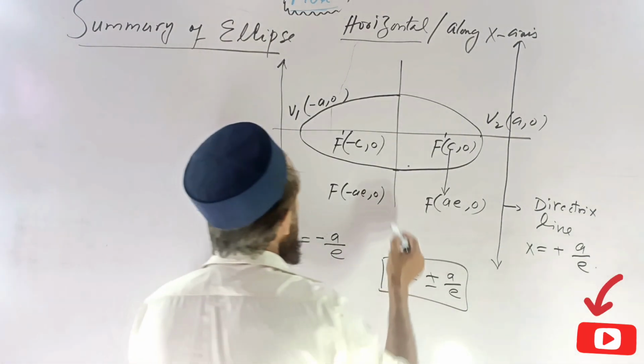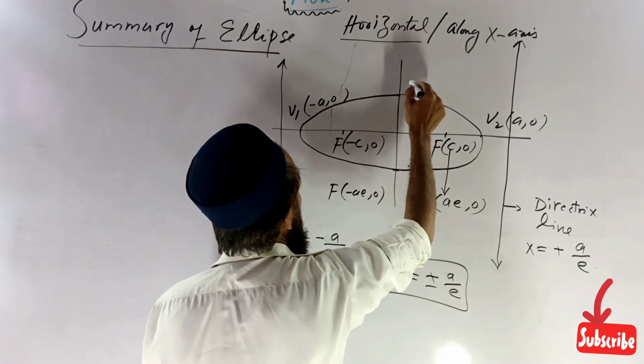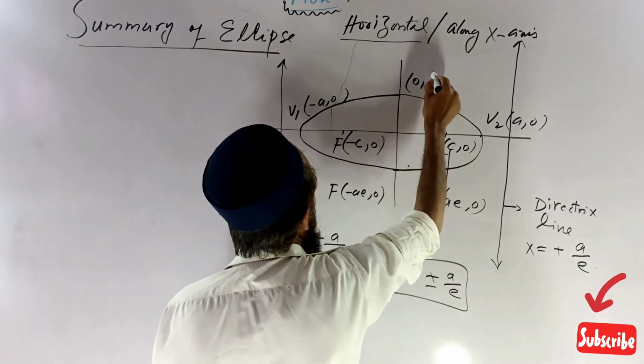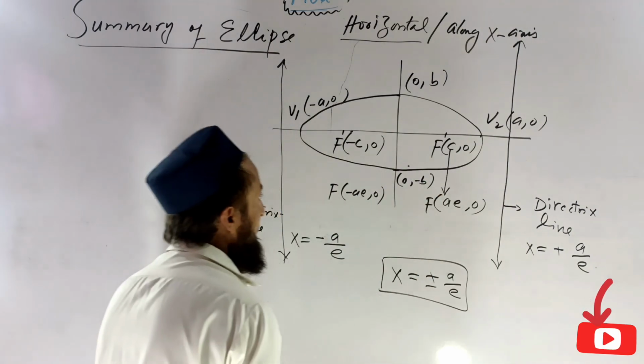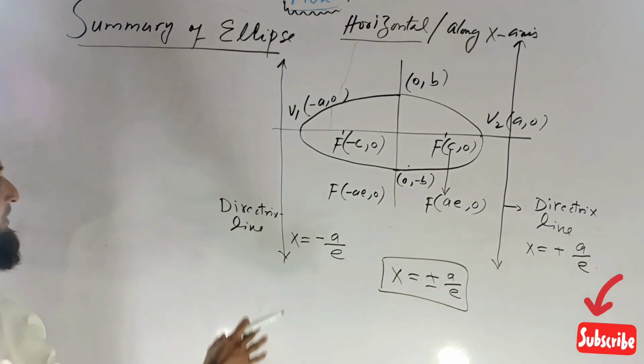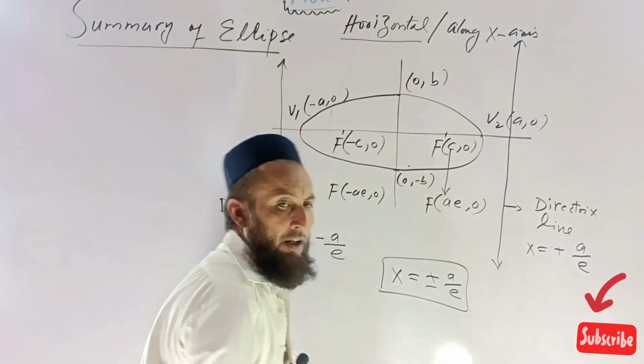And we give here B points, that is 0 and B positive, and here 0 and minus B. That is the ellipse along the x-axis.